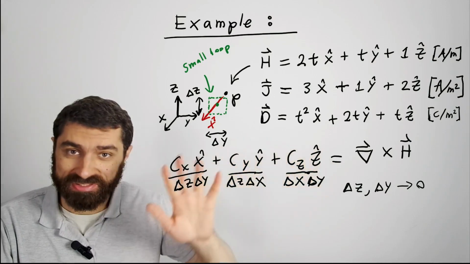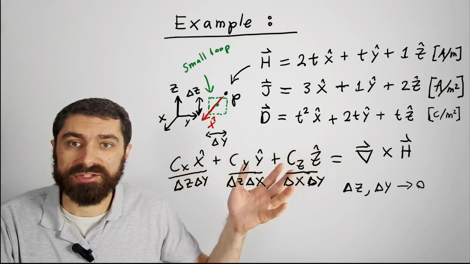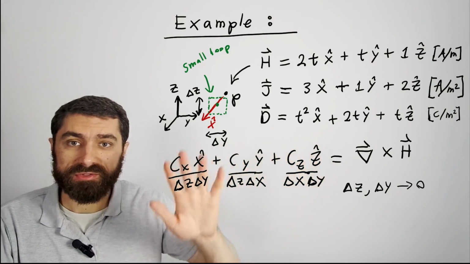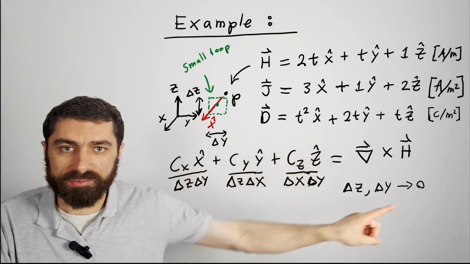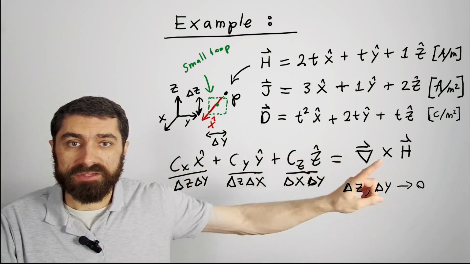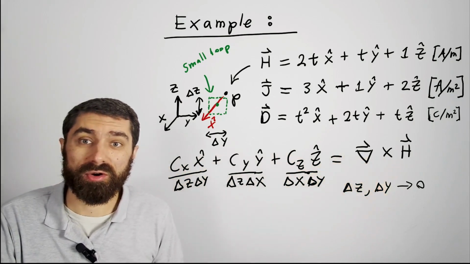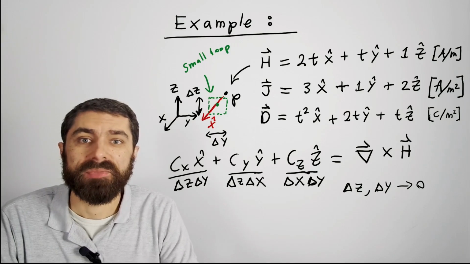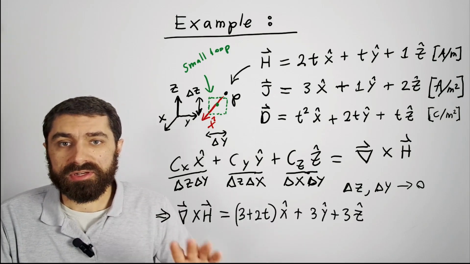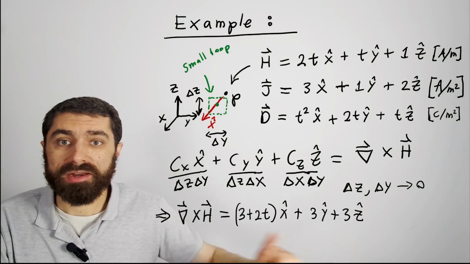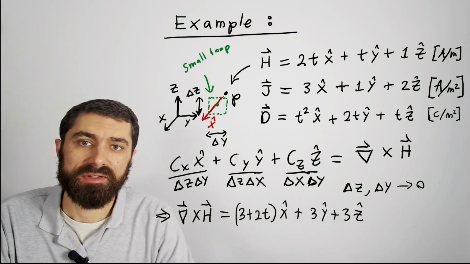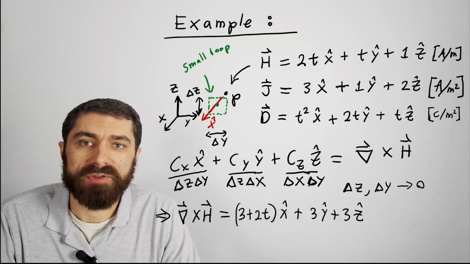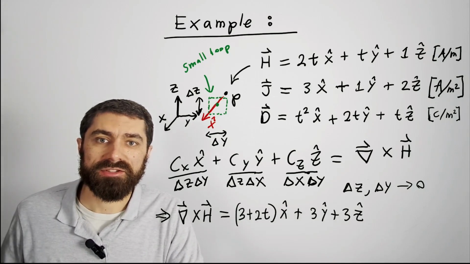And this is our definition of curl. So if you set this as a vector and then take the limit as these approach 0, this here will equal the curl of H. Then you can plug and chug with the numbers we got, and this here is the vector for the curl of H.